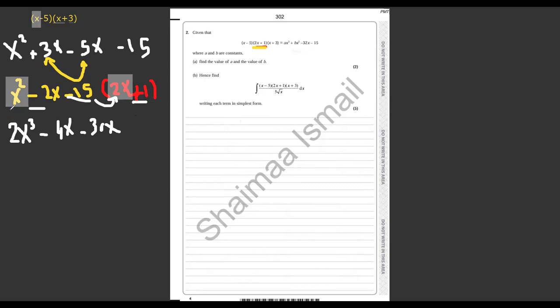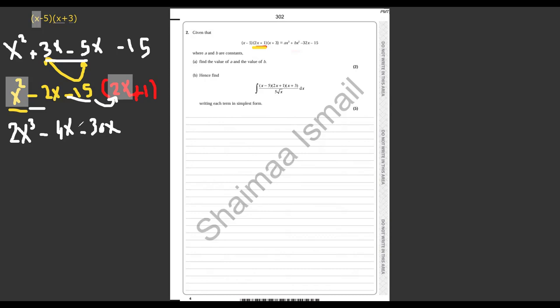Then the positive one, I'm going to copy this as it is because it will multiply by 1. When I multiply this, I put the like terms under each other just to make it easier for me to merge the like terms. Okay, so I'm going to write here x squared.